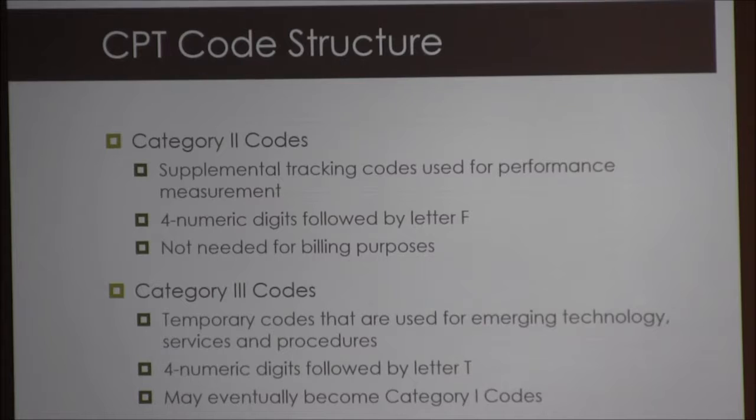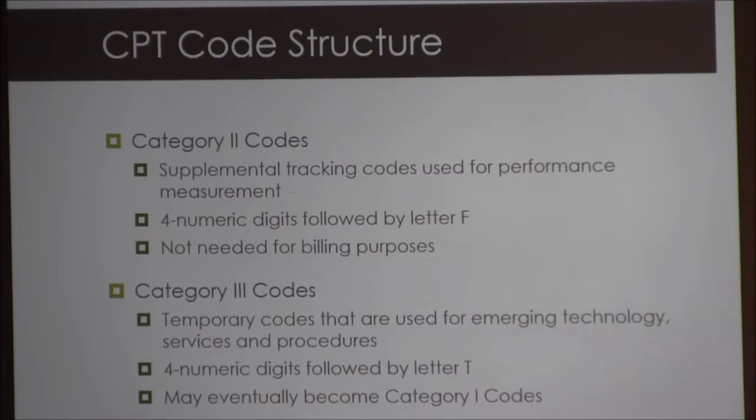Category 3 are temporary codes that are used for emerging technology. Within the realm of sleep medicine, as Dr. Suarez mentioned, we have actigraphy, which is a growing field where wearable devices are becoming more and more smart. And I think Apple right now is working on being able to draw an ECG from their Apple Watch device.